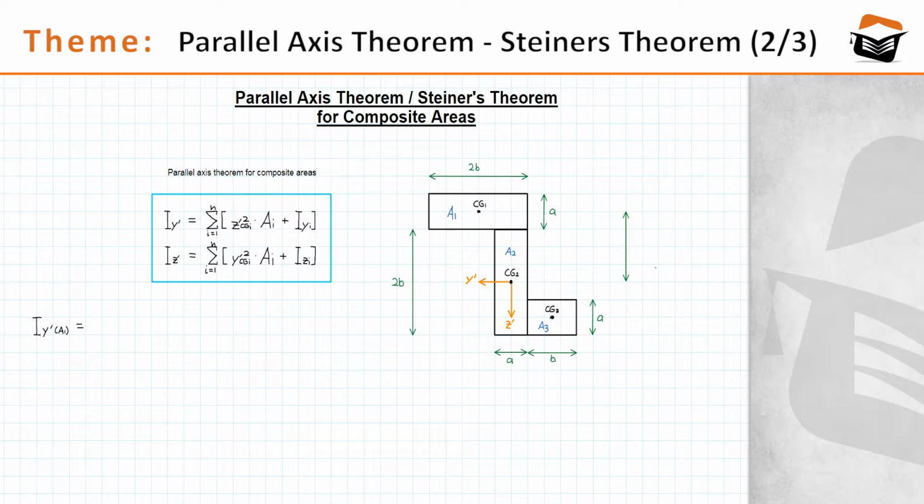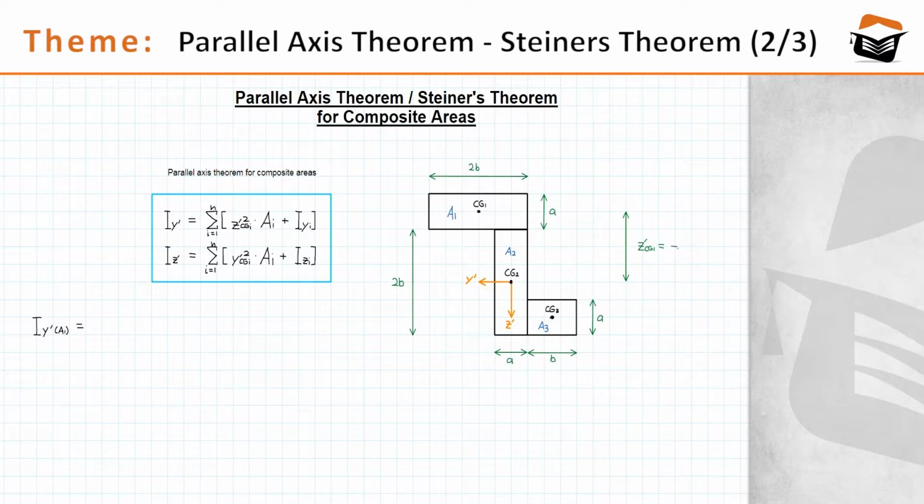And therefore z prime sub cg1, I'm putting a 1 here because I'm referring to the first partial area, and that distance is, if you are very strict about your signs, you would actually have to use a negative sign, because that distance extends into the negative z prime axis.